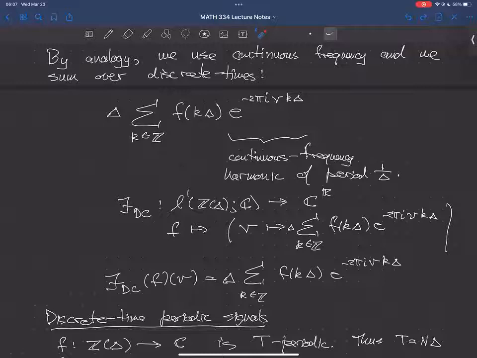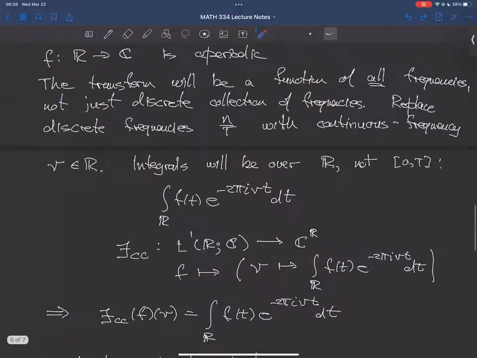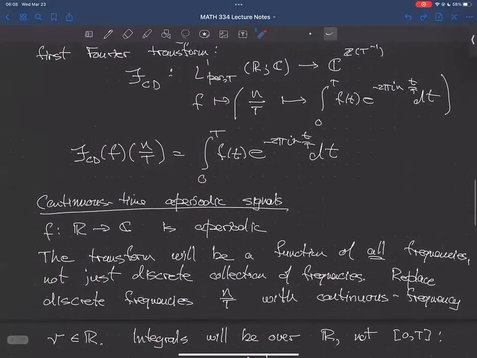What it's going to be is, again, by analogy. The analogy here is we're going to go back up to the first transform we talked about. And what was the discrete frequency that we used here? Well, the discrete frequencies were the integer multiples of the frequency, which is 1 over the period.